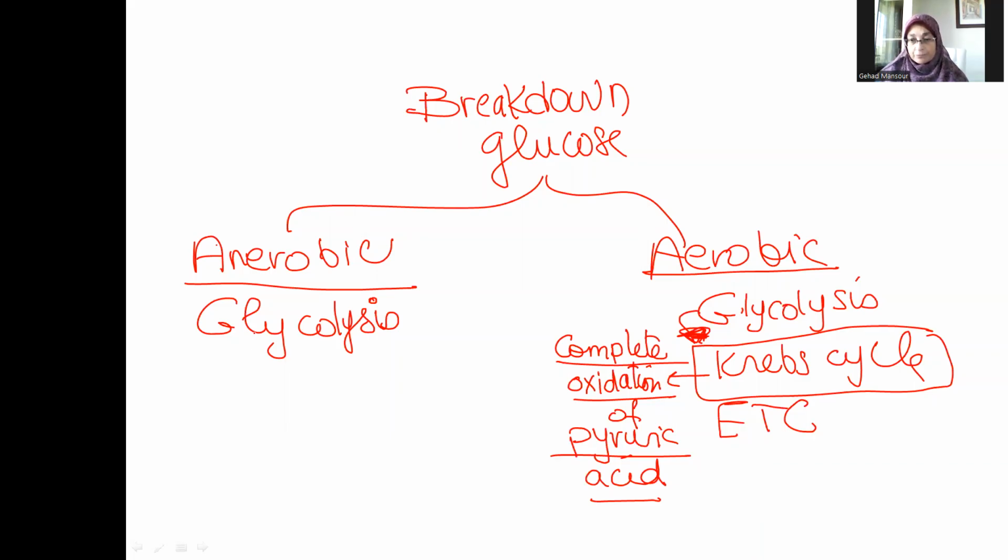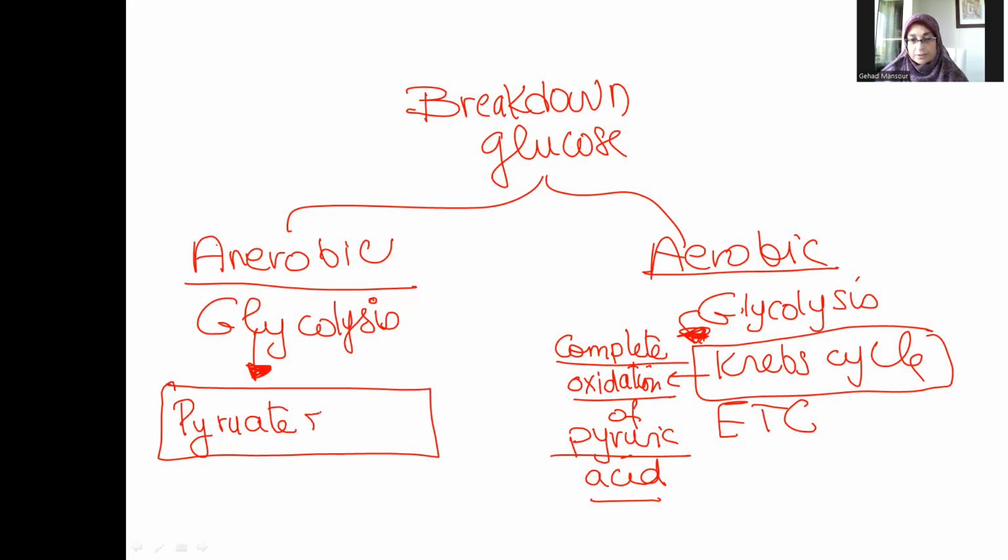But after glycolysis, we don't carry out the chemical reactions of Krebs cycle, but what we do is pyruvate reduction, and there is no oxidation at all, and pyruvate has no entry into the mitochondrion, and we stay in the cytosol. So there are major differences here.